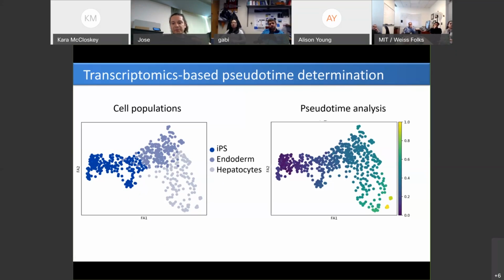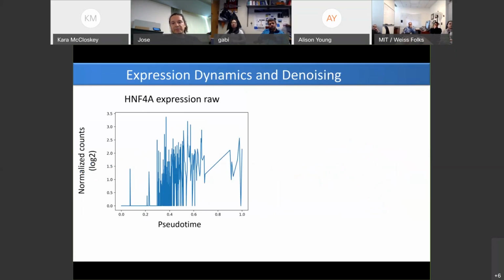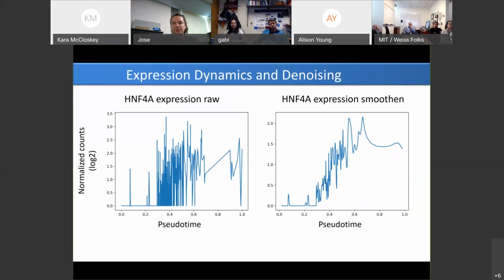Now what we can do with this analysis is look at our favorite transcription factors, for example, and look at their behavior over time. As most of you know, single cell data is pretty sparse and very noisy, and this is a good representation of it. We've been looking at ways to smoothen this data, which may be fun to discuss, because there are multiple implementations and different ways to smoothen it.